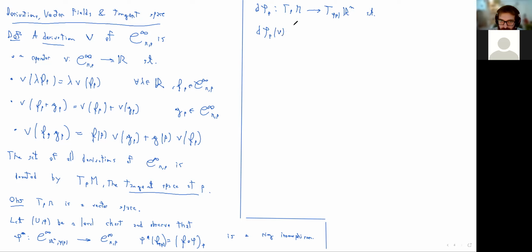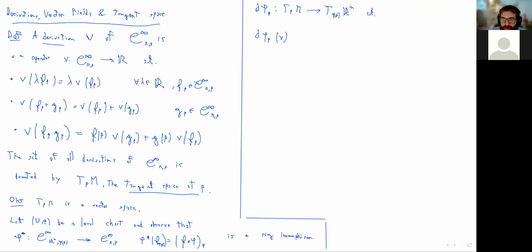So I have to take a vector here, and you say that this is V applied to f composed with phi. Let me explain it again. I have to take an element here, so this V is in here, and now this is a derivation on R^n.